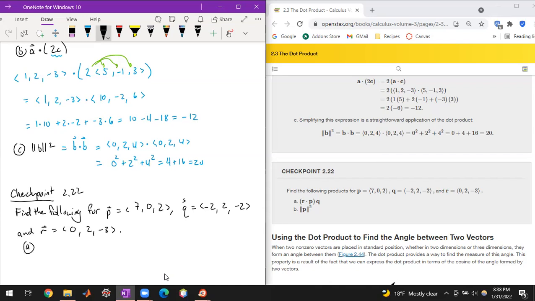Okay, so we are interested in the dot product of R and P times Q, and then the magnitude of P squared. All right, so go ahead and pause and work on that on your own.